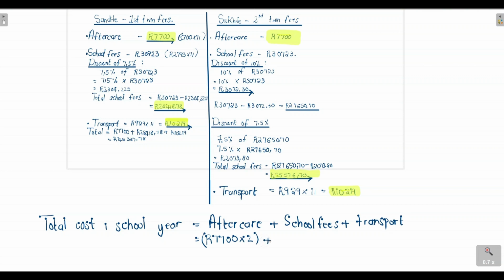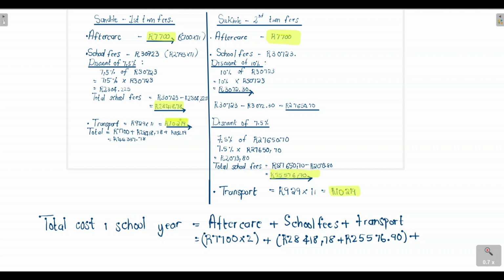Okay, plus what is the school fees, right? So the school fees for Usandile was 28,418.78 cents. Plus, what was the school fees for Usakile? It was 25,576.90 cents. Plus, what was the transport costs for both of the twins, guys, right?